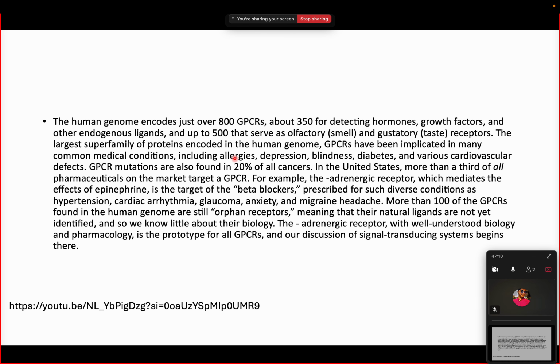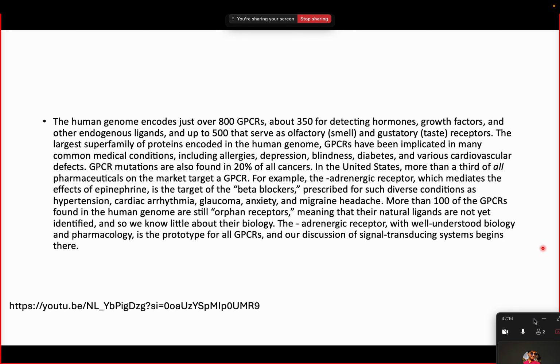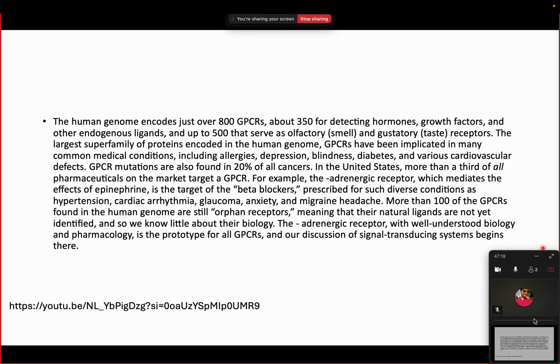Meaning, if we are talking about signal transduction, okay, signal transduction is an important function of membrane proteins. Out of these membrane proteins, the majority belong to the 7 transmembrane kind of proteins which are called GPCRs. Not all 7 transmembrane helical proteins will be GPCRs, but most or all of the GPCRs will be 7 transmembrane proteins. Okay.